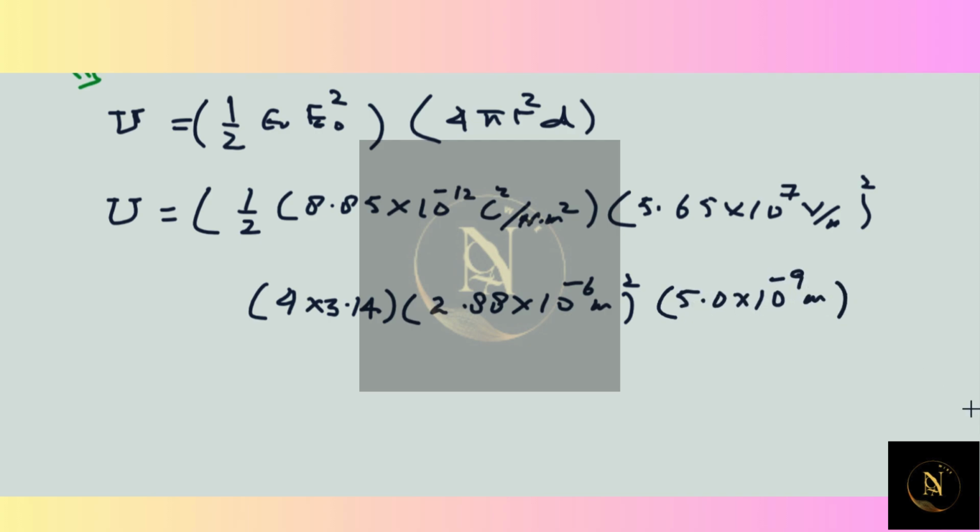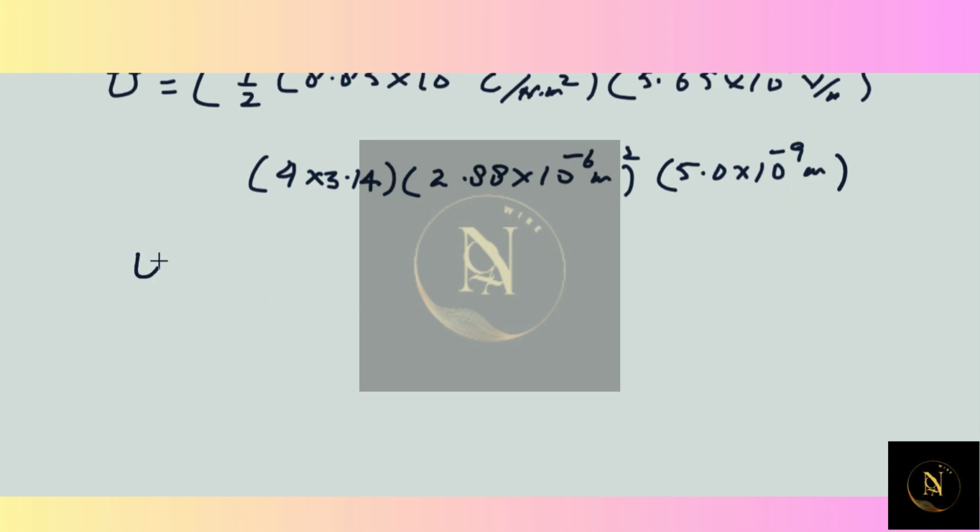So from here, capital U is equal to 7.4 multiplied by 10 raised to the power minus 15 joule.